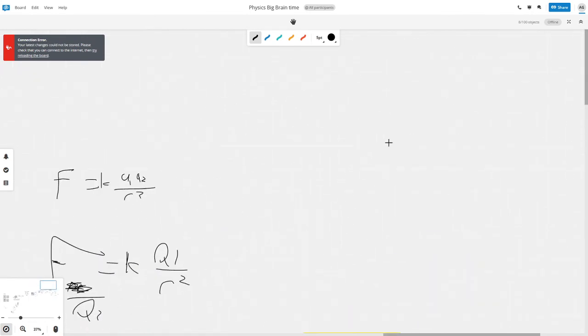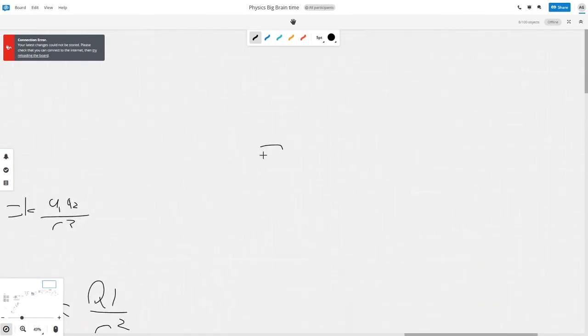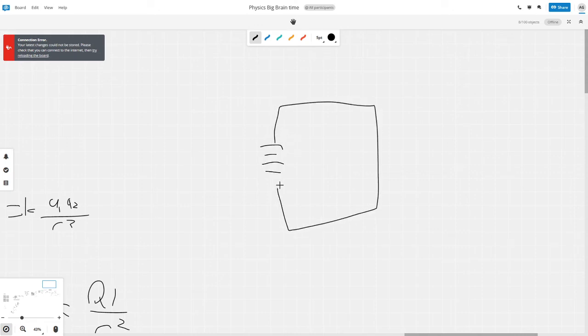Okay. So you're imagining a circuit, which is like this, and then you have your resistors placed throughout. Is that what you're imagining? So what's the difference here?